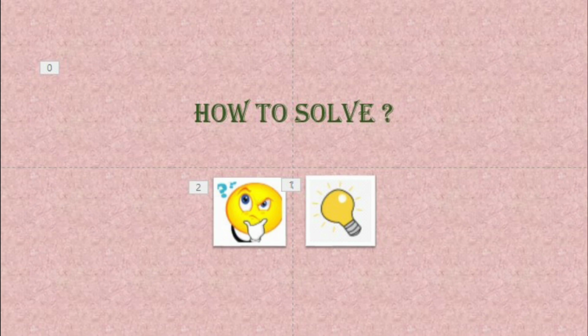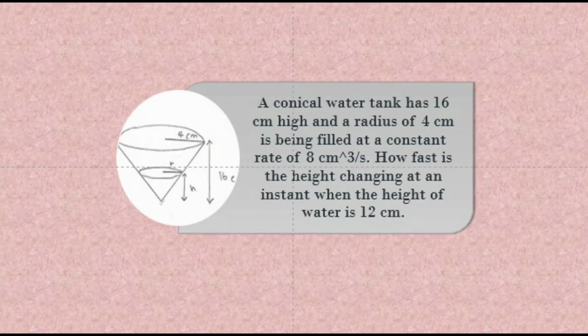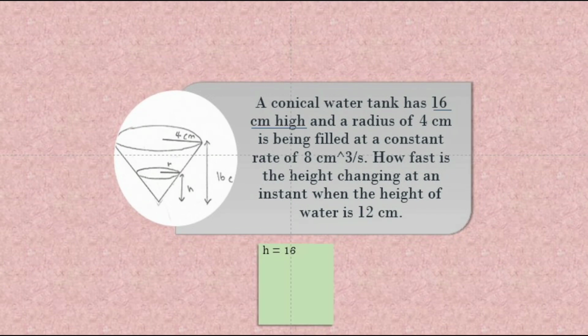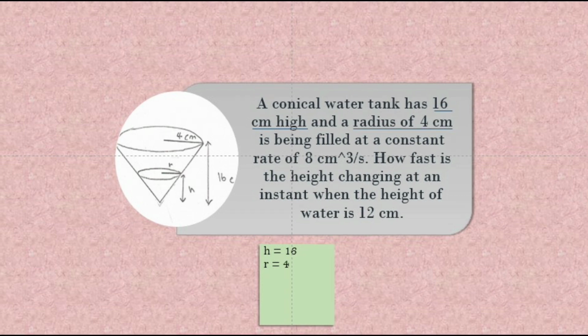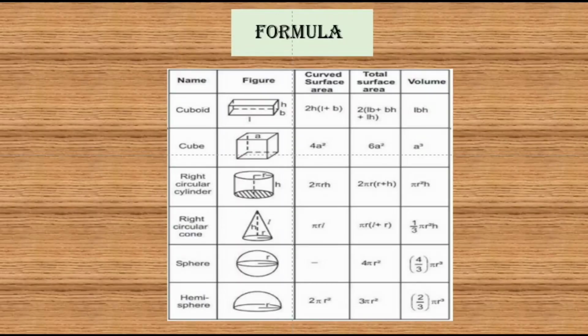Okay, we start by drawing the picture of the cone. We need to recognize the information given. The height of the tank is 16 cm and the radius is 4 cm. Since we have the radius and the height, we will use the formula of volume.